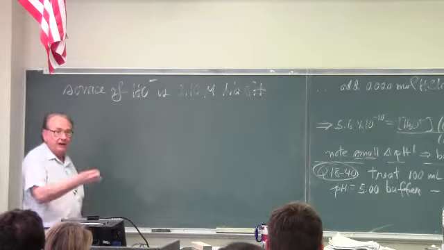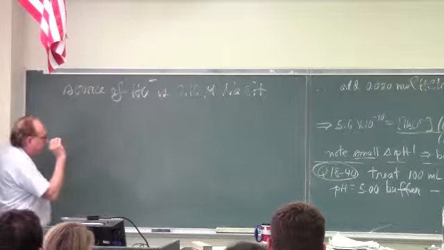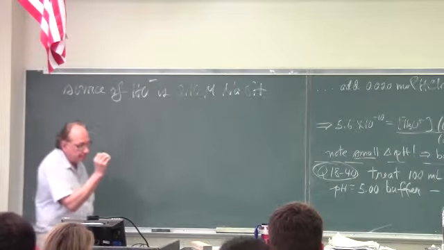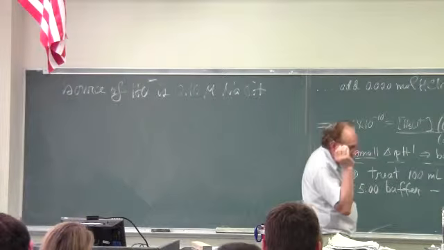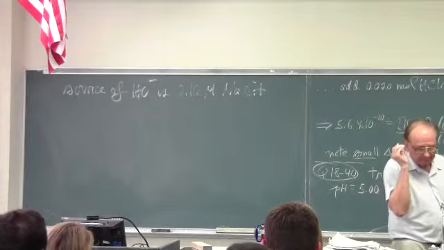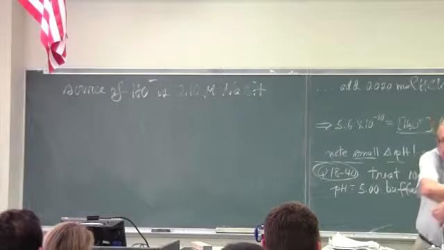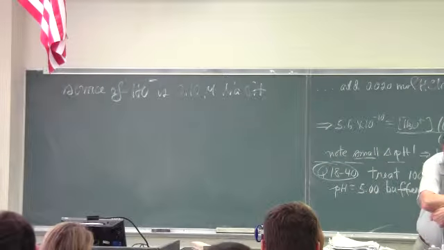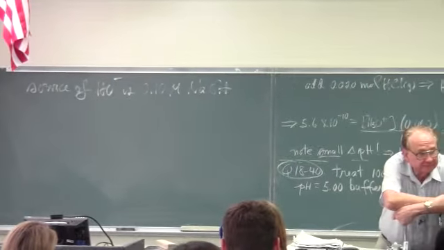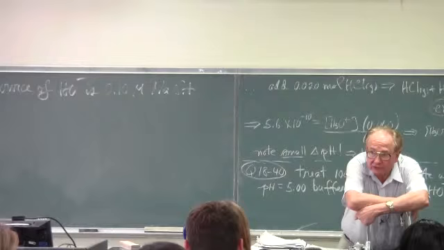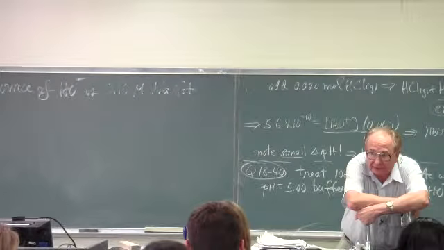I want a setup. And to write this setup, what technique do I apply? What's it called? You did this in 45. Unit or dimensional analysis. You let the units talk to you. The units will tell you how to write the setup.